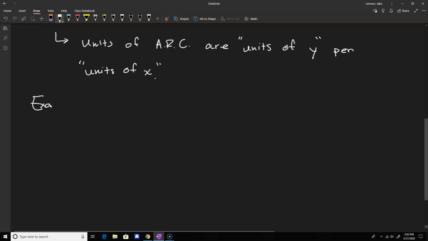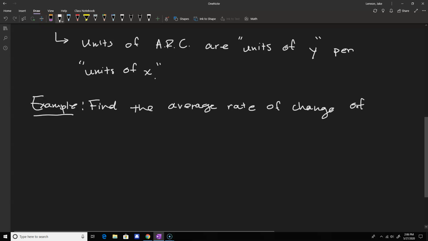So example, let's say, find the average rate of change of f of x equals x squared minus 2 from x equals 2. I shouldn't use 2 so many times, it might confuse you. Let's say x equals 3 to x equals 5.